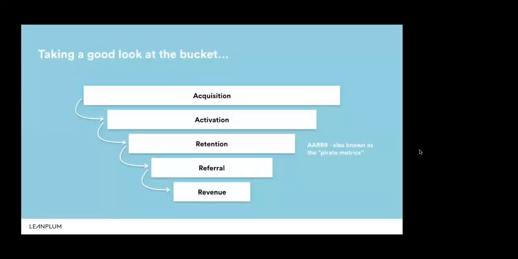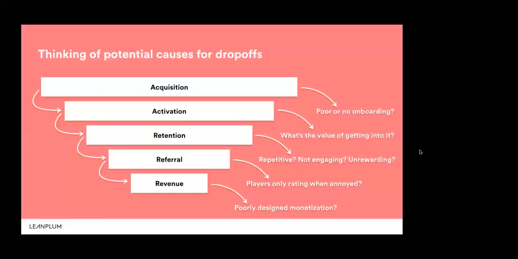If we take a good look at the bucket and put it into terms that some of you may be more familiar with, they're called the pirate metrics, or ARRRR. We go from acquisition to activation to retention to referral to revenue. Obviously the golden goose of marketing. But if we go down this funnel, there are drop-offs.